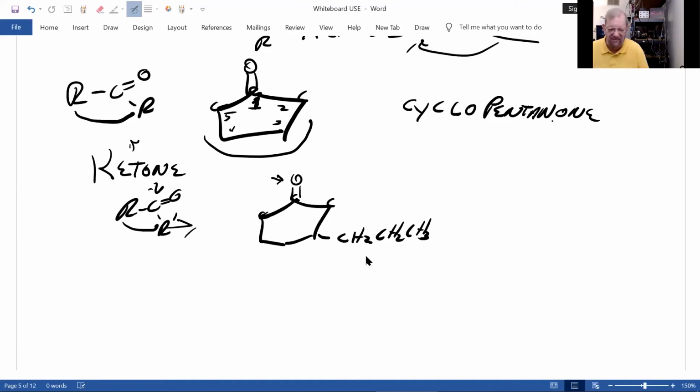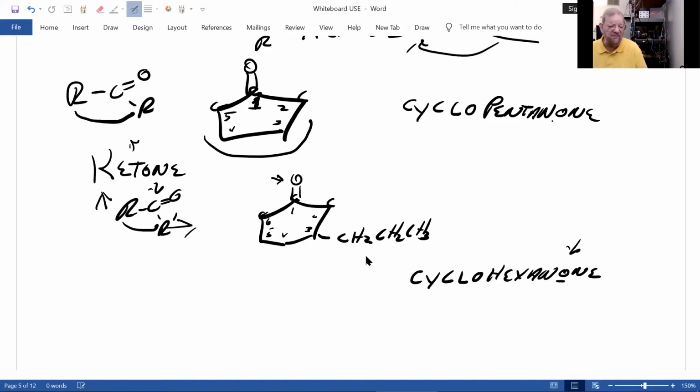So how do we name that? How many carbons in this ring? And there's 6 bends, so that's hexane. No, it's a ring. Cyclohexane. It's a ketone, so I'm going to drop the E and add ONE, cyclohexanone.